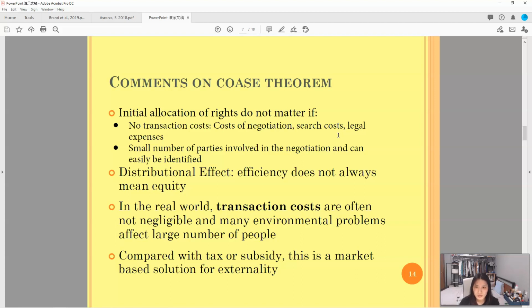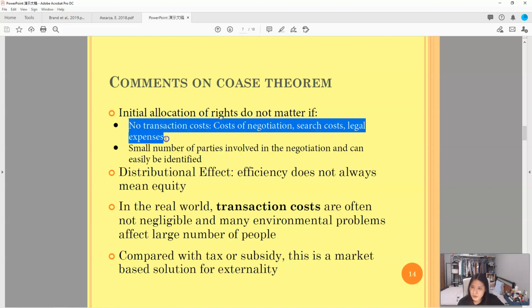And in the real world, often the transaction costs are not negligible, and many environmental pollutions affect a large number of people. So that means in the real world, the Coase theorem does not work, because of those 2 conditions.